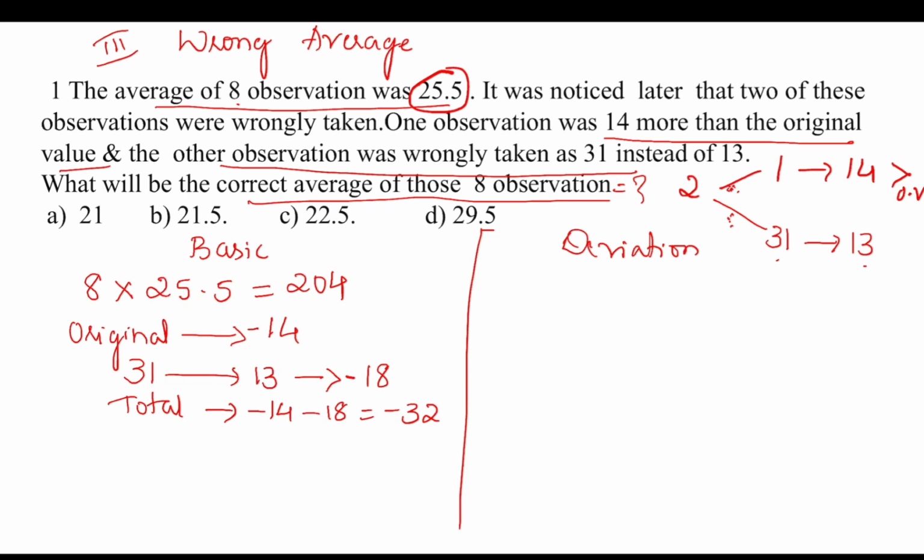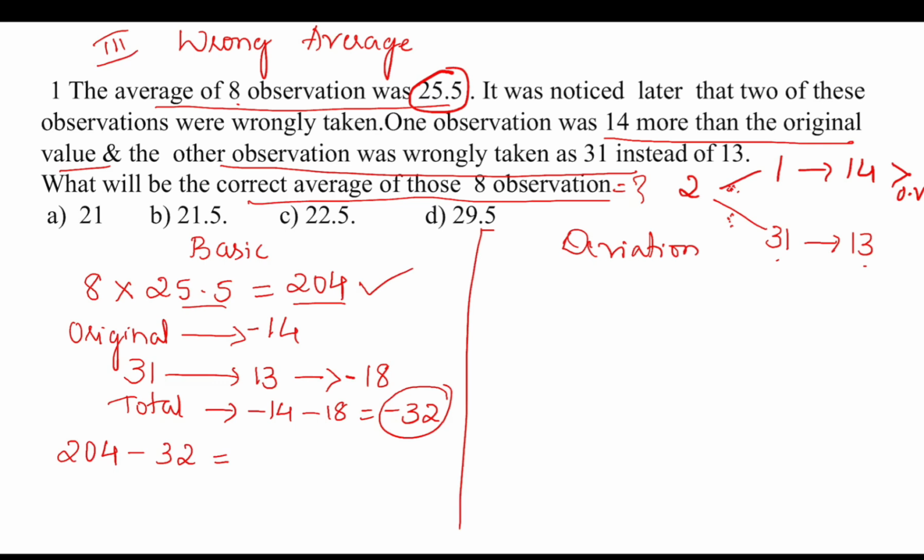So what will be the correct sum? When the wrong reading was taken, the sum was 204, but 32 is more in that, isn't it? When I deduct 32 from that wrong sum, I will get the correct sum.